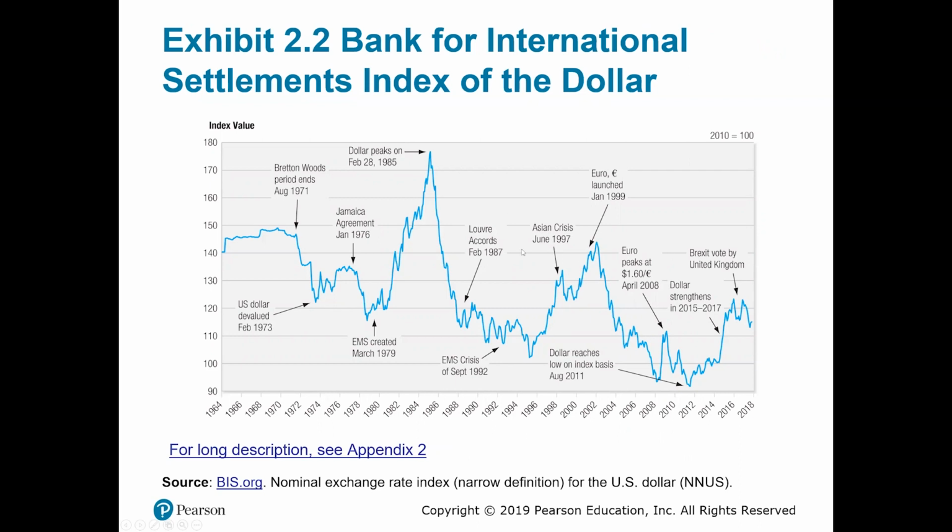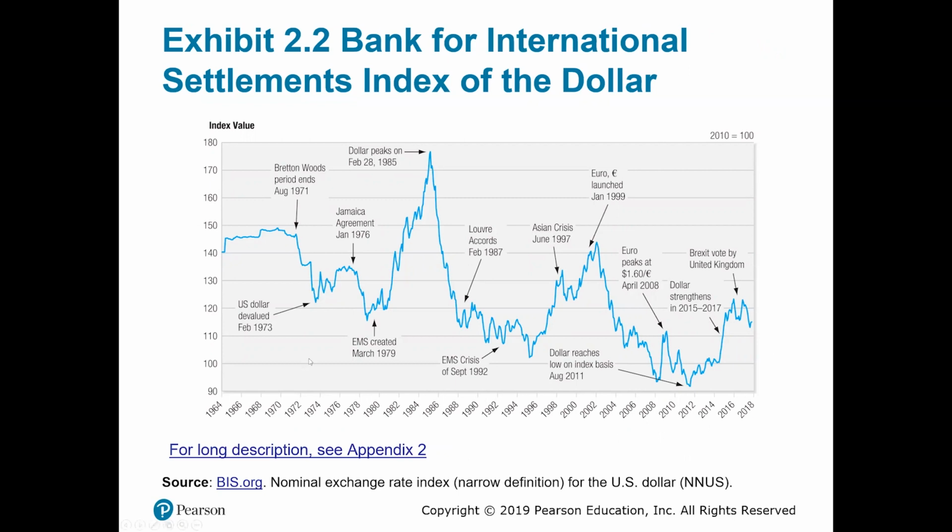This is how the value of the US dollar changes over time. The value of the US dollar was fixed up to the first 2 or 3 years of the 1970s. Then the US dollar devalued in February 1973, the time when countries lost confidence in the US dollar and adopted a free-floating exchange rate mechanism.